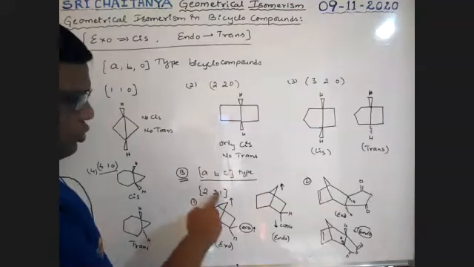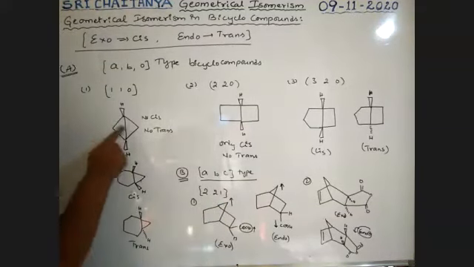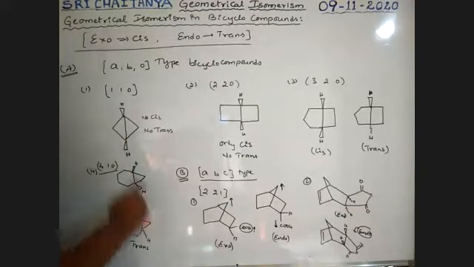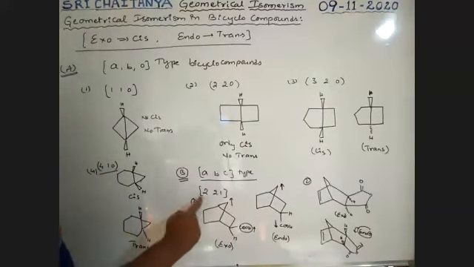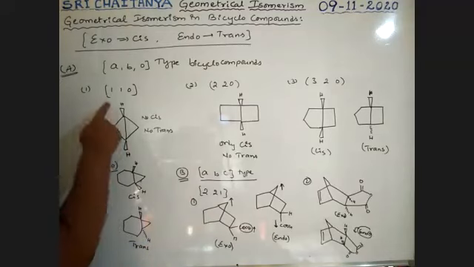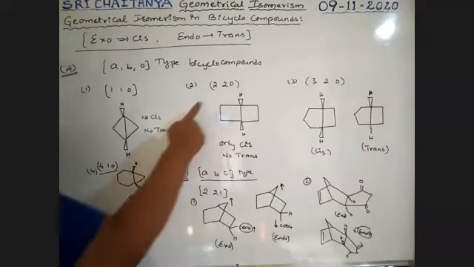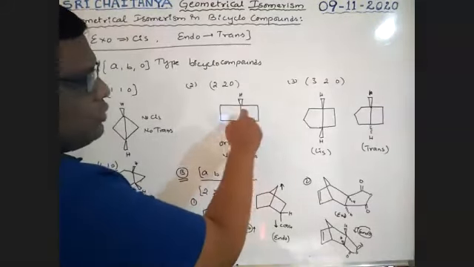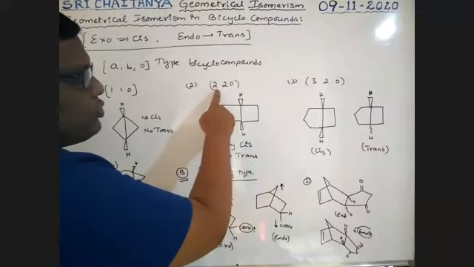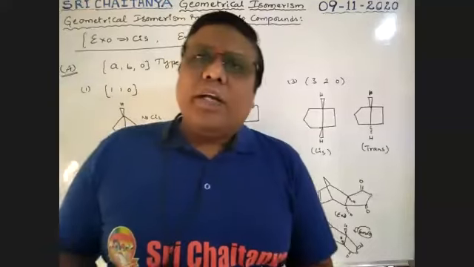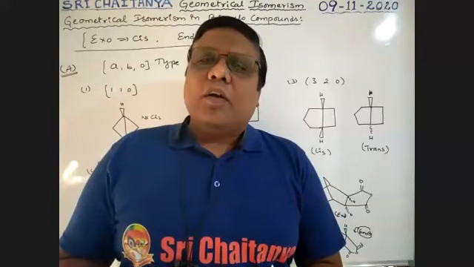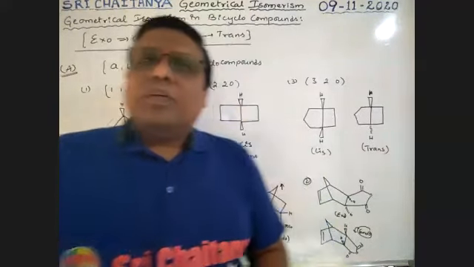It is 2, 2, 1: two carbons, two carbons, and one carbon between these two. It is 1, 1, 0. Here also two carbons, no carbon between these two, therefore 2, 2, 0 is systematic. If you don't know, once again go and check the naming of bicyclo compounds.